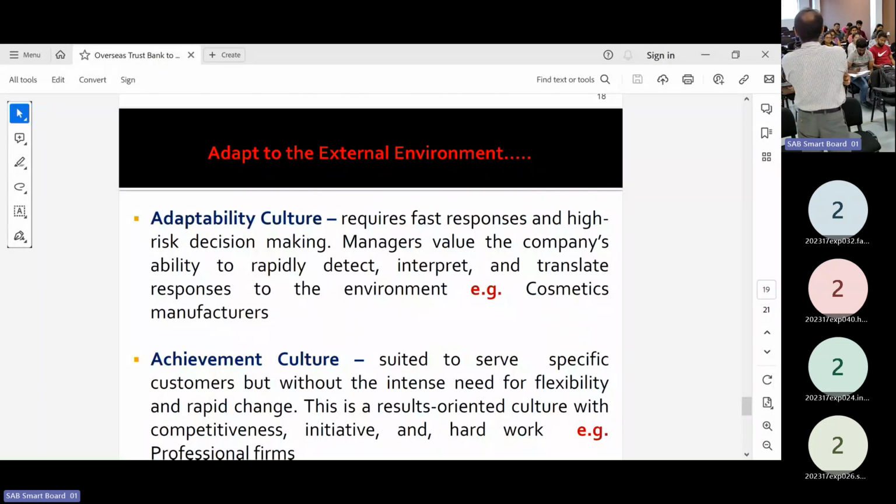Is it true? They have much achievement orientation. The members should pass the exams. They should be qualified. They have to gain practical experience with hard work. Sometimes payments are not satisfactory, but they have to do that. But after qualifying, they may get a lot of rewards.